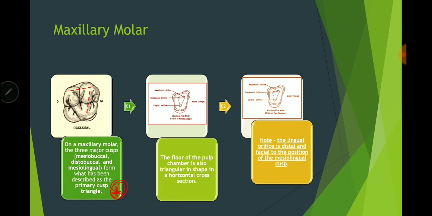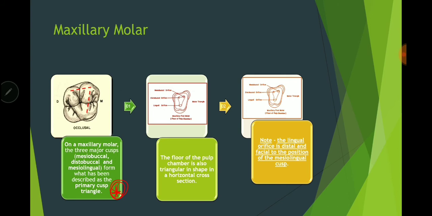So when they ask you which cusps on the maxillary first molar form the primary cusp triangle, you can give them the mesial buccal, the mesial lingual, and the distal buccal. All right.